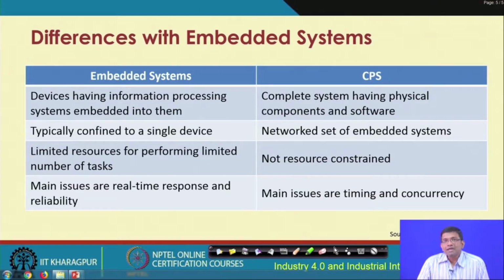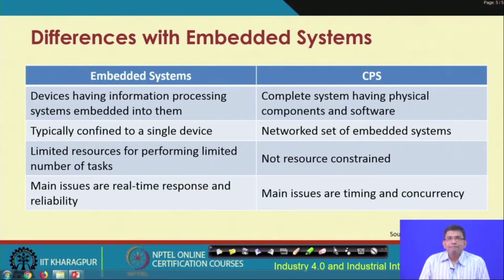So, the networking of different embedded systems will typically exist in a cyber physical system. Embedded systems have limited resources for performing a limited number of tasks. On the other hand, a cyber physical system may not be resource constrained, and there you can perform a large number of different tasks at the same time.